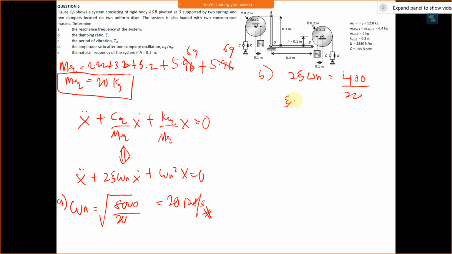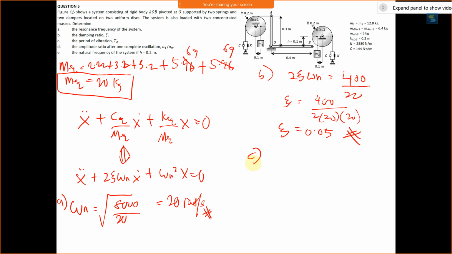Then zeta equals 400 divided by 2 times omega n, 20. So zeta must be 0.05, isn't it? 0.05. So that is our answer. And C, period of vibration.